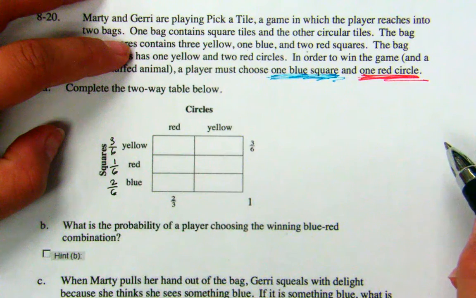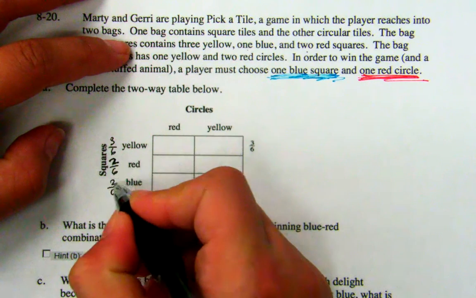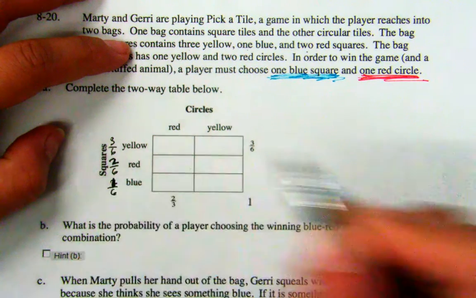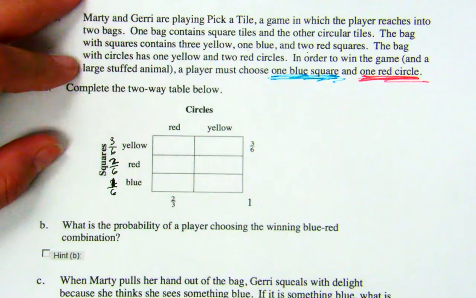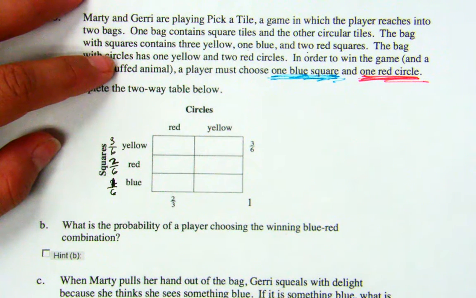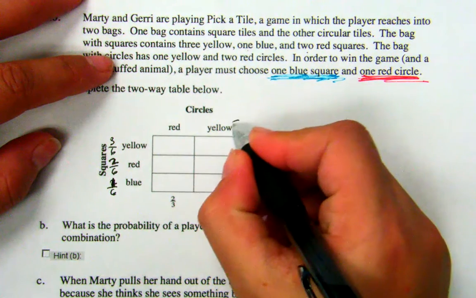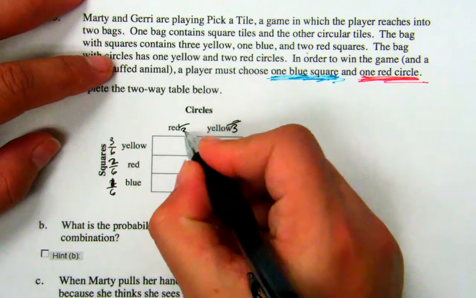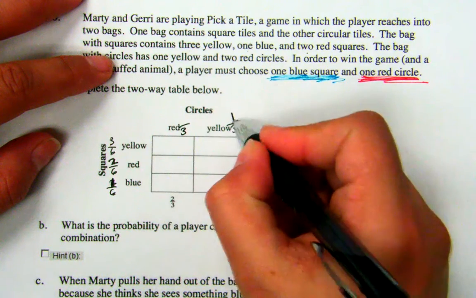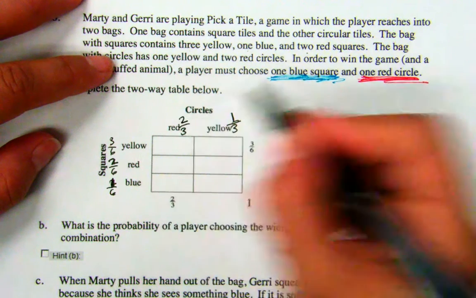Oh, I did that backwards. 2 for the orange, 1 for the blue. The bag with circles has 1 yellow and 2 red. So that's 3, so this is out of 3. 1 yellow and 2 red.